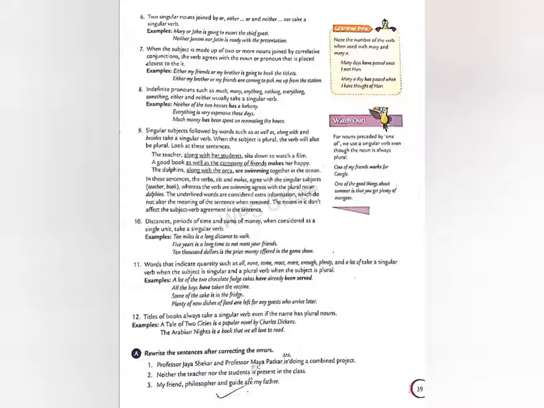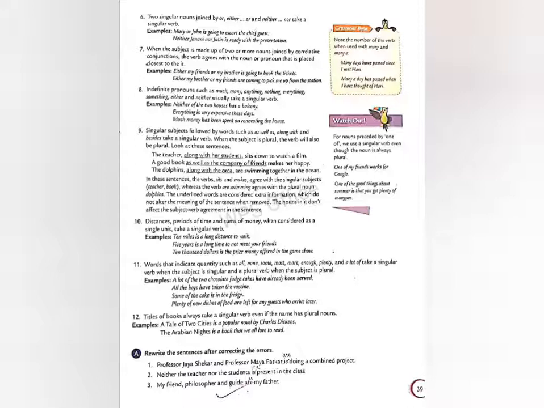Next is either my brother or my friends are coming to pick me up from the station. So here, brother is the second subject in the sentence and it is singular, that means the singular verb will be followed. In the next sentence, we have friends as the second subject. That means with the plural subject, we use plural verb only.